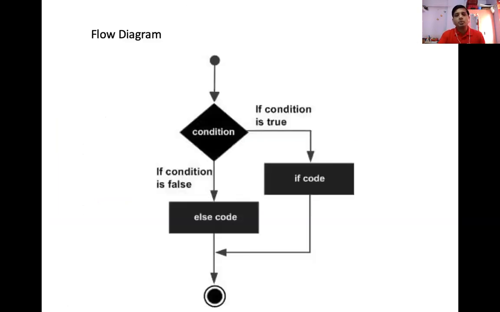Now the flow diagram of the if else is given here. If the condition is true, the if code will be executed. But if the condition is false, the else code is executed, and after it, the next statement after the if gets executed here. This is the flowchart diagram of the if else.